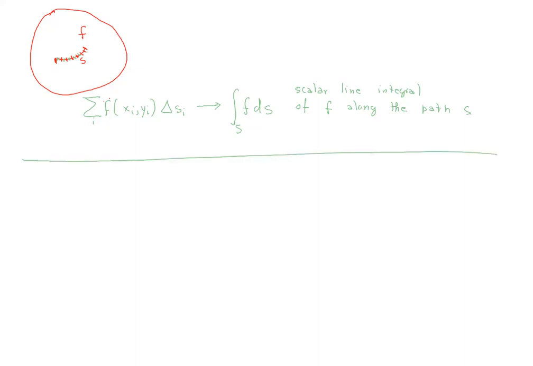So how do we compute this integral? Obviously, we're not going to work with these Riemann sums. The starting point for computing such an integral is to have a parameterization of the path. So let's say that we have a parameterization R with domain of definition [a, b].